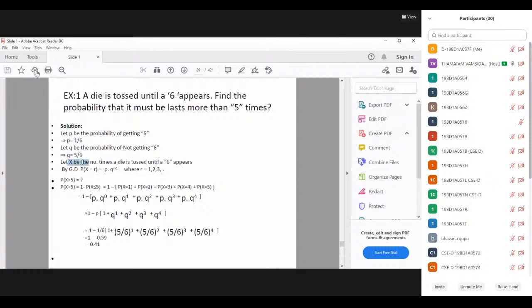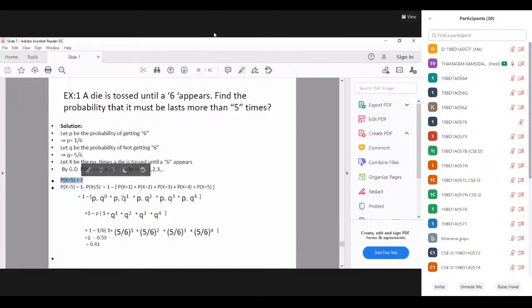And see here, this is x. Let x be the number of times a die is tossed until 6 appears. In the question, we have to find the probability that it must be more than 5 times. That means x is taking values more than 5. In that case, we have to find the probability of x greater than 5.